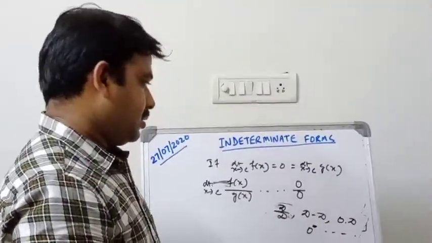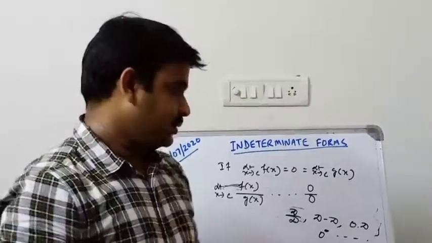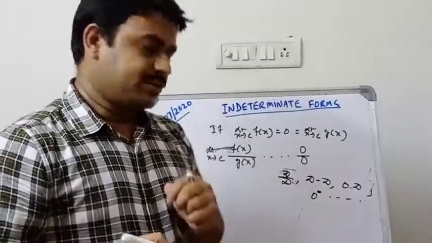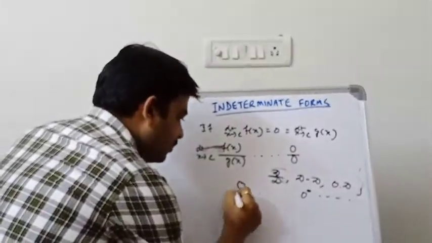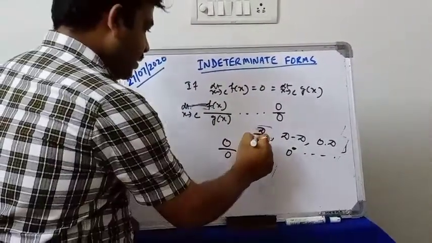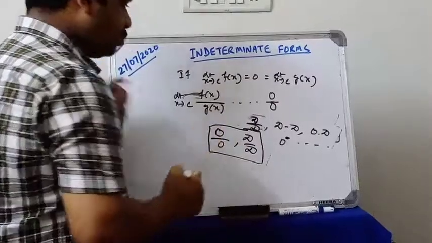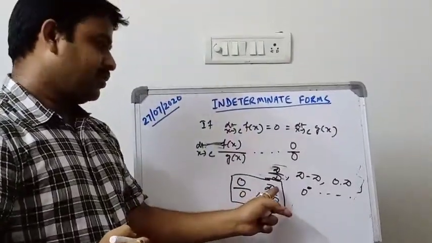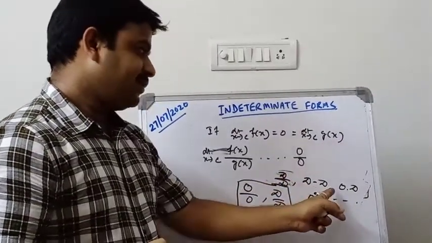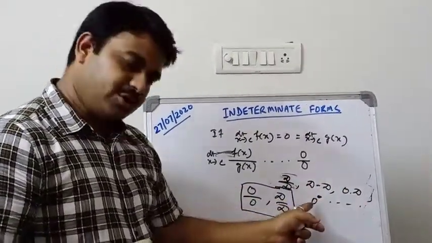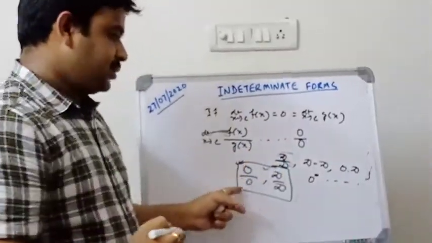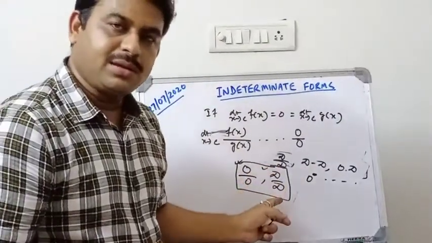Now in the 2020-21 batch, that means your batch, there is a reduced syllabus, and in your syllabus only two forms are there, that is 0 by 0 form and infinity by infinity form. That means you have to do sums related to these two forms. One is 0 by 0, another one is infinity by infinity. And we are not doing this type of sum, that is infinity minus infinity, 0 into infinity, 0 to the power 0, no need to do. Only these two types of sums we practice, that is 0 by 0 and infinity by infinity form.